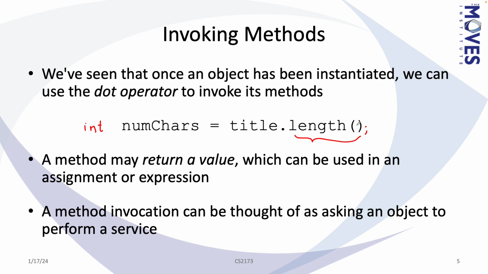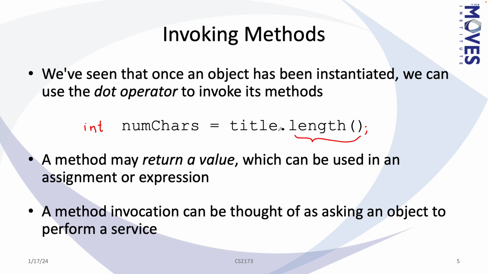Now, this can be a little confusing. All arrays have a variable called length. So if I'm asking how long an array is, I say .length, but I have no parentheses. Why? Because it's a variable. But for a string, it's a method. The method requires the open and close parentheses.